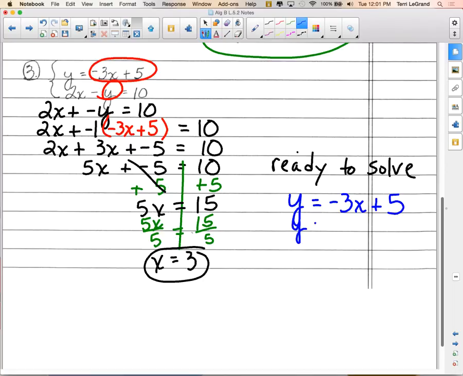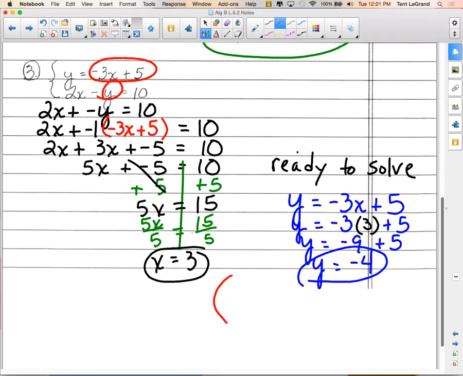And I substitute into that what I got for x to figure out my y. I did my before. You agree?